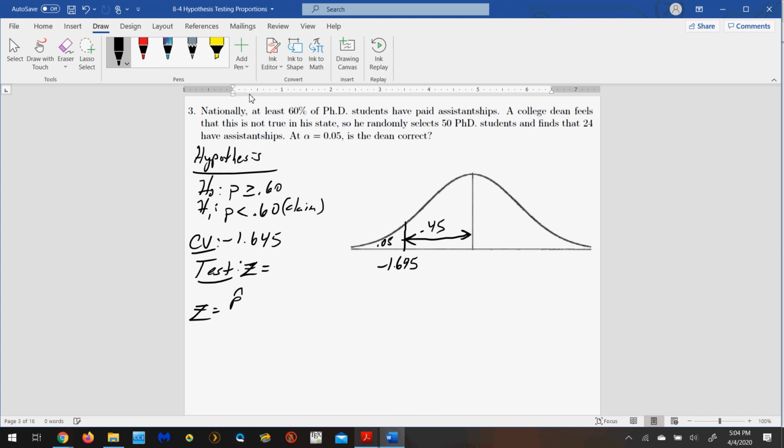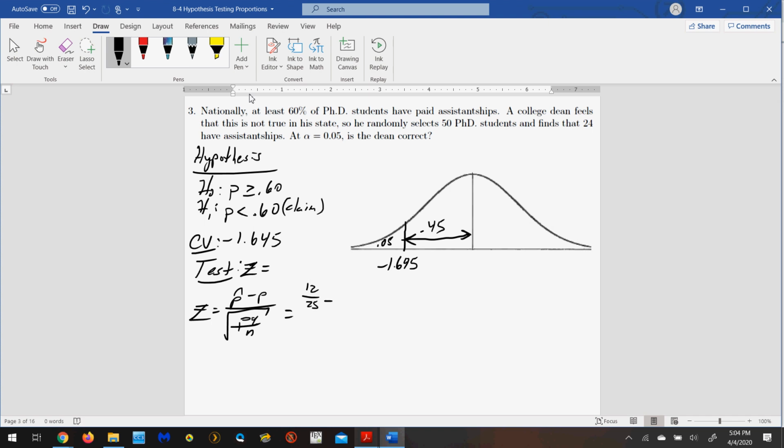So I put the formulas so that way it's known which formula I'm supposed to use. Now p hat is my sample proportion, which in this case would be 24 out of 50. I know that 24 and 50 I can divide by 2, so that would give me 12 out of 25.